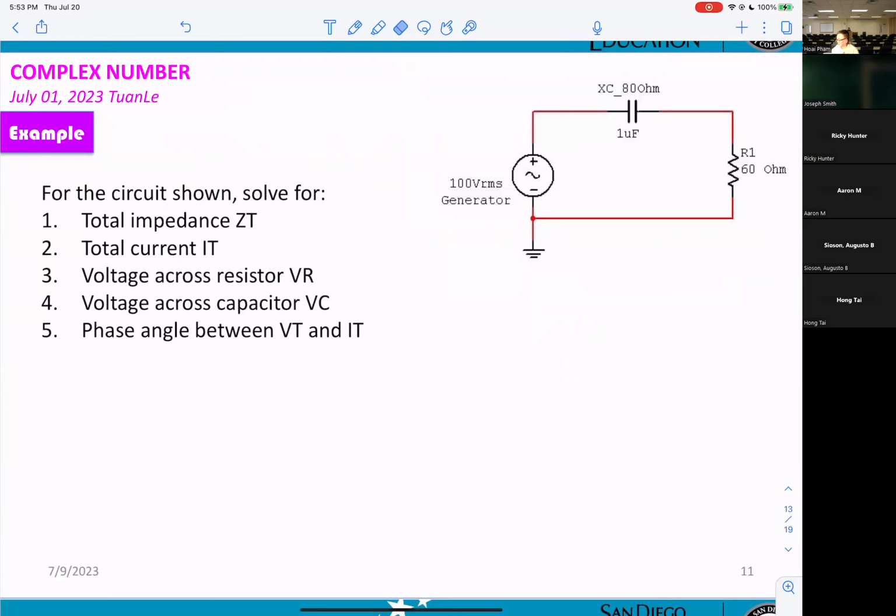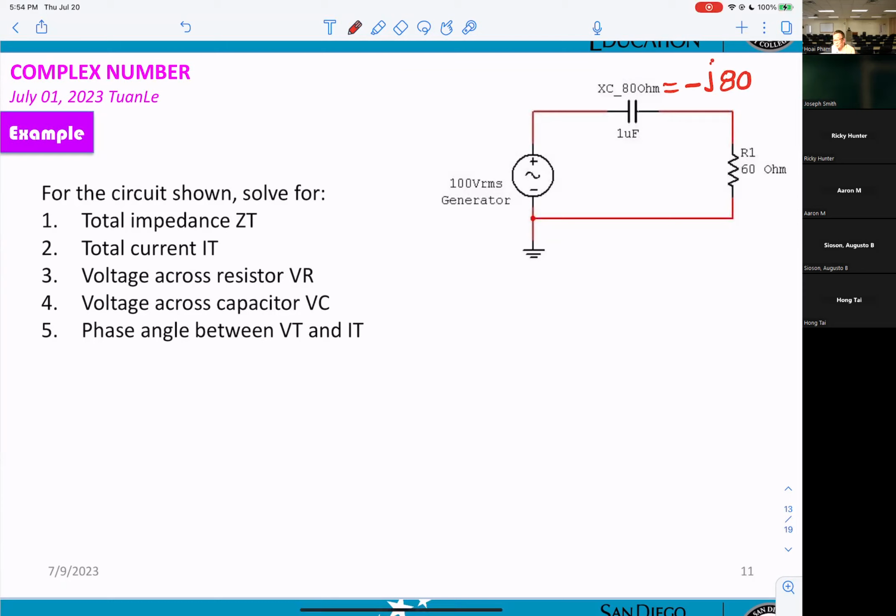First thing, when you get the capacitor exceed 80 ohm, automatically convert it into the complex number minus J 80.